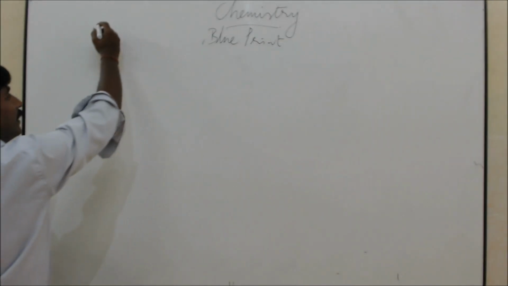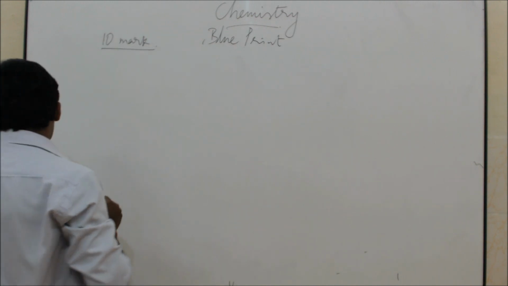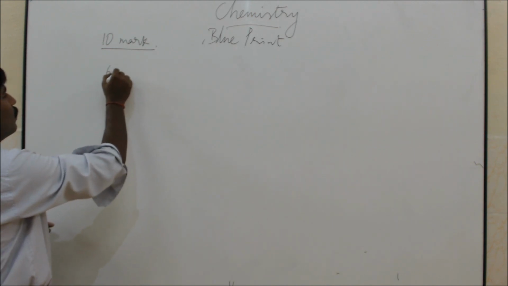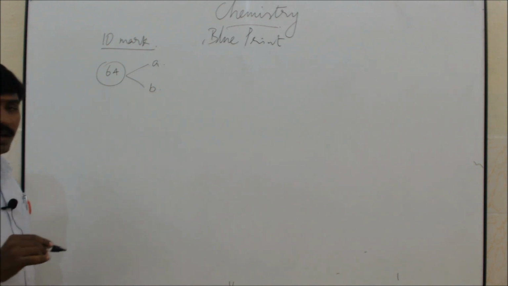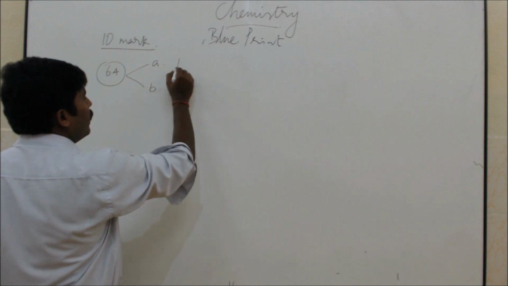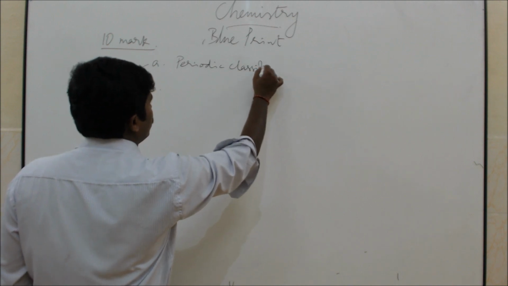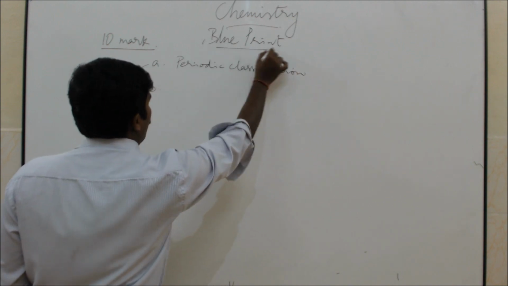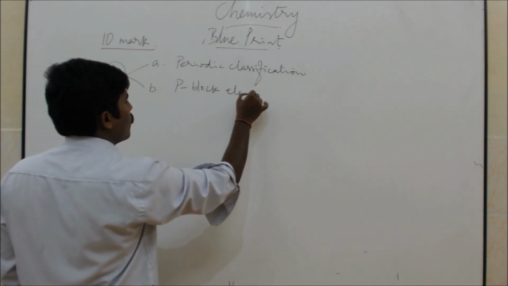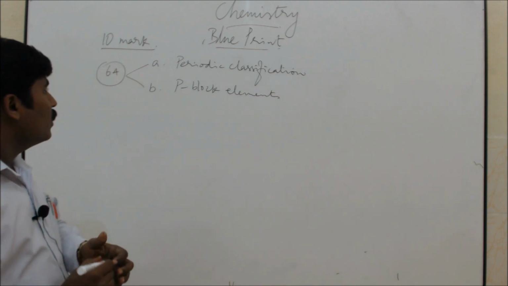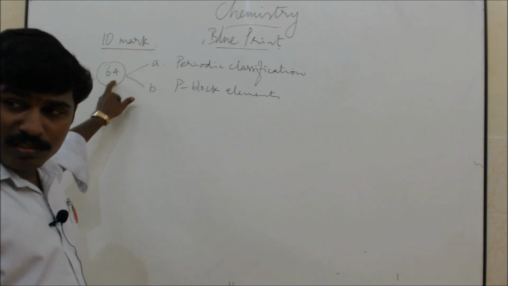The first question, that means question number 64, contains A and B. A is periodic classification and B is P block elements. So if you learn periodic classification, you have to learn the P block also, no other way. Then only you can attend question number 64.